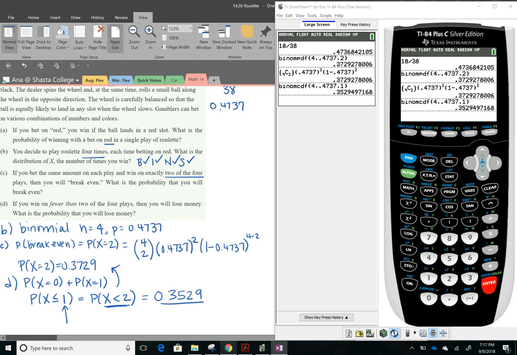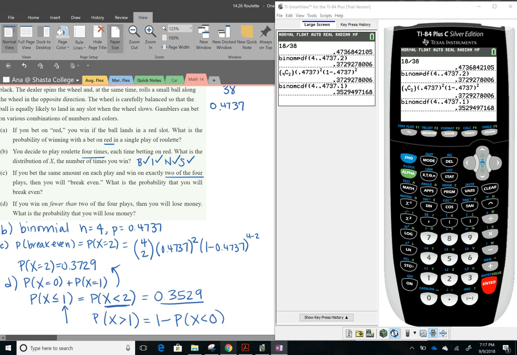Okay? So if I wanted the probability of being greater than 1, that's equal to 1 minus the probability of being less than or equal to 1. So there's a couple of different ways that you need to think about the notation.